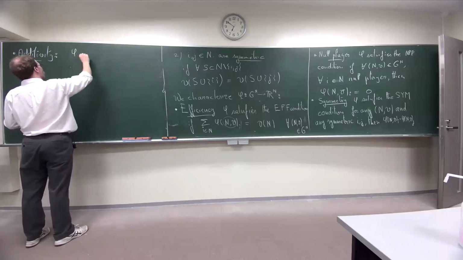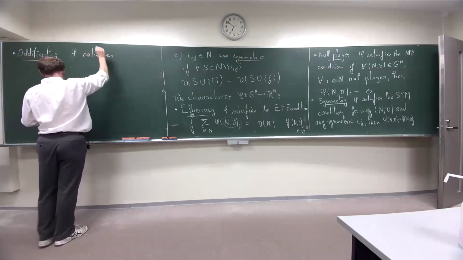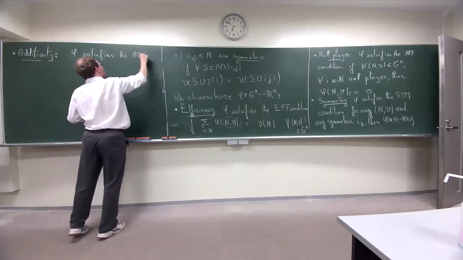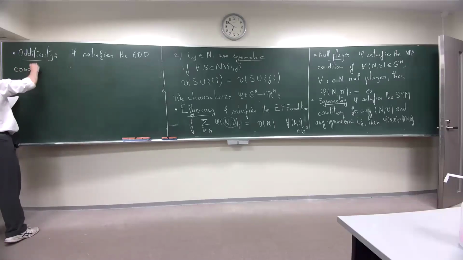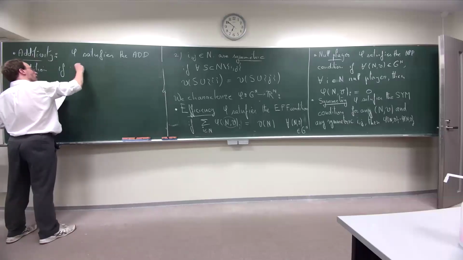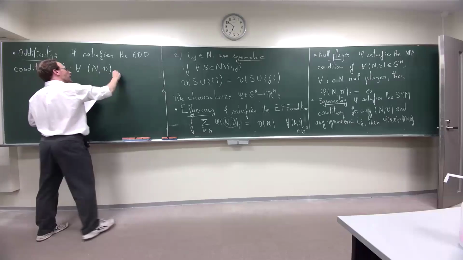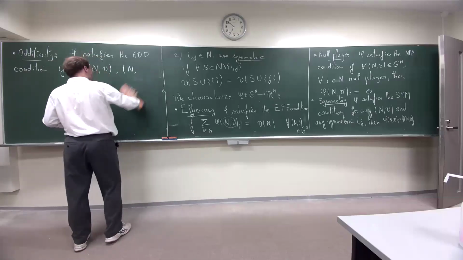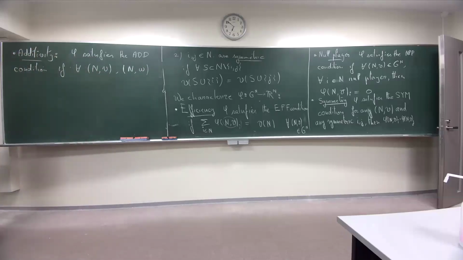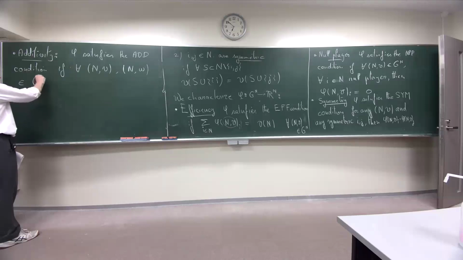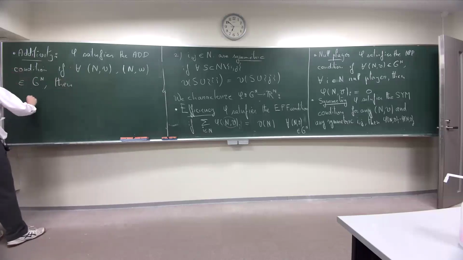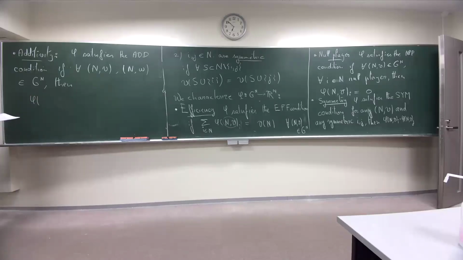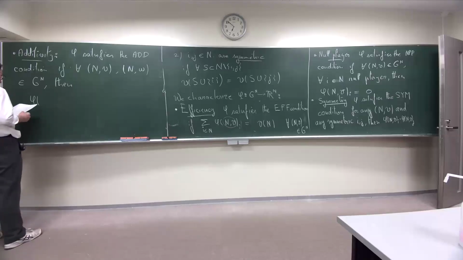Phi satisfies what is called the ADD, additivity condition, if for any two games, so now we have (N,v) and (N,w), I don't like prime, if for any two games we have the following property, phi of... I'm not sure, there might be a mistake in my notes. I will check.